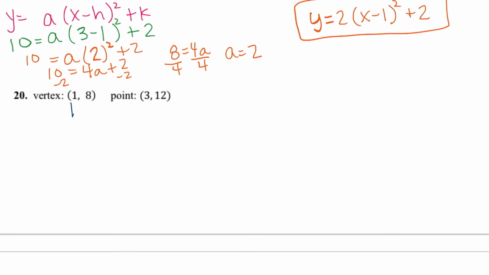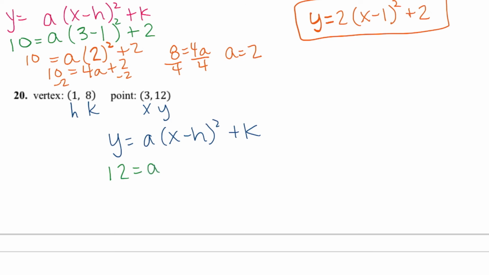Okay, the last one, we have our hk, our x, and our y. We have y equals a times x minus h squared plus k. So in for y, we're going to put 12 equals, we don't know our a. In for our x, we're going to put 3. Our h is 1, 3 minus 1 squared, and our k is plus 8.